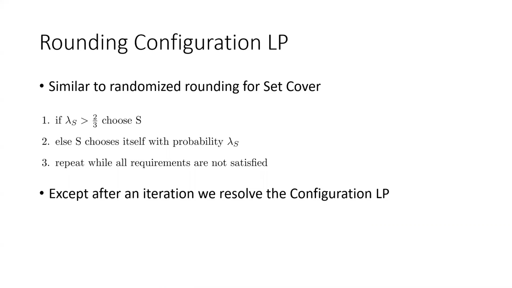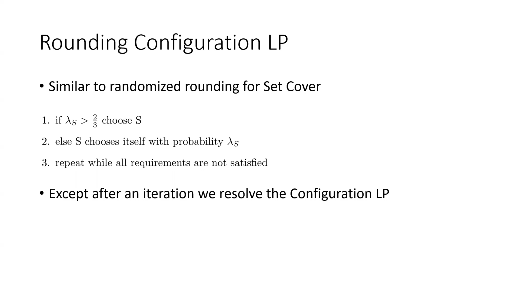So after we have a solution from the configuration LP, we want to round it, and we use a method similar to the randomized rounding in the set cover problem, except for a few differences.